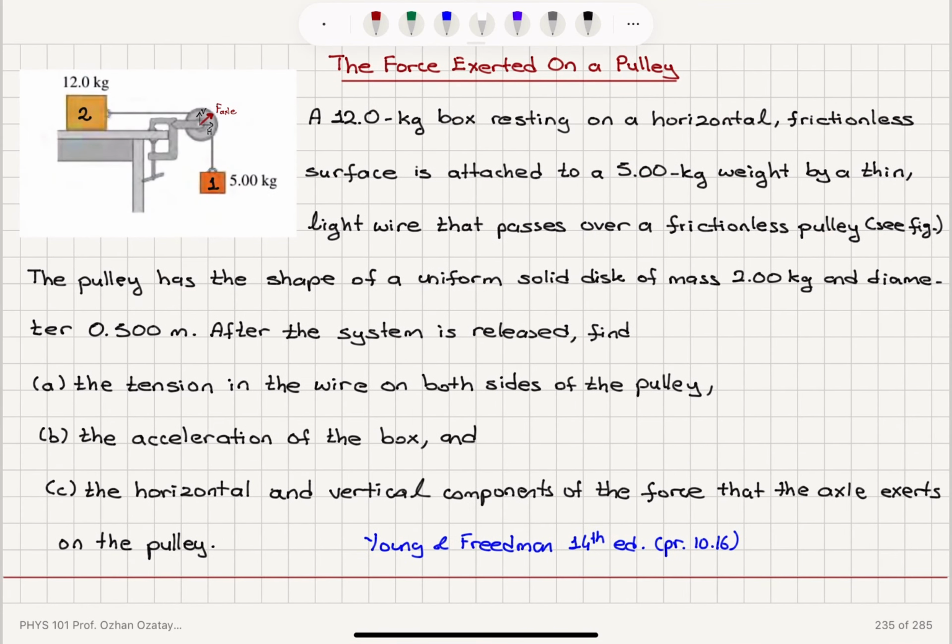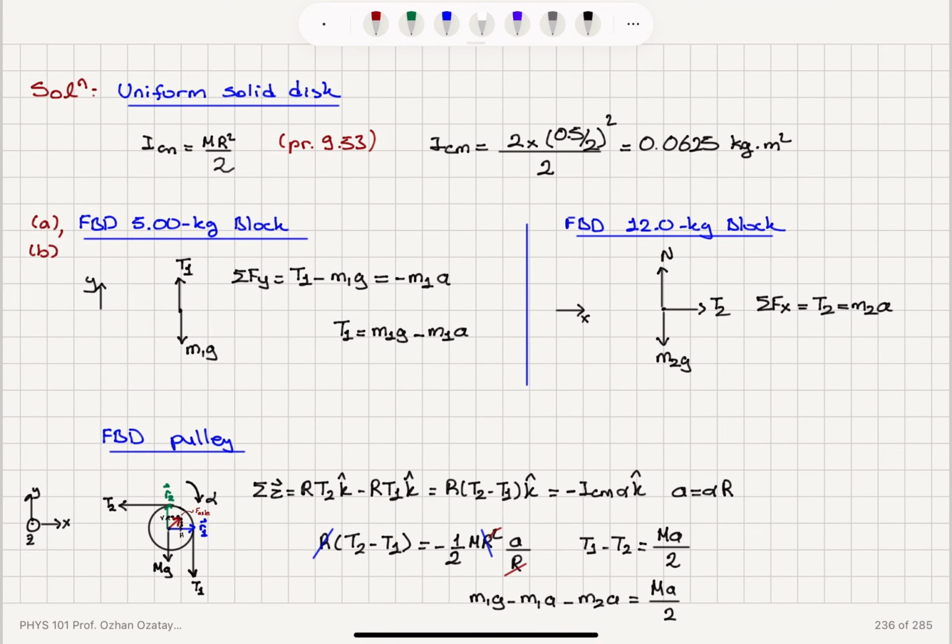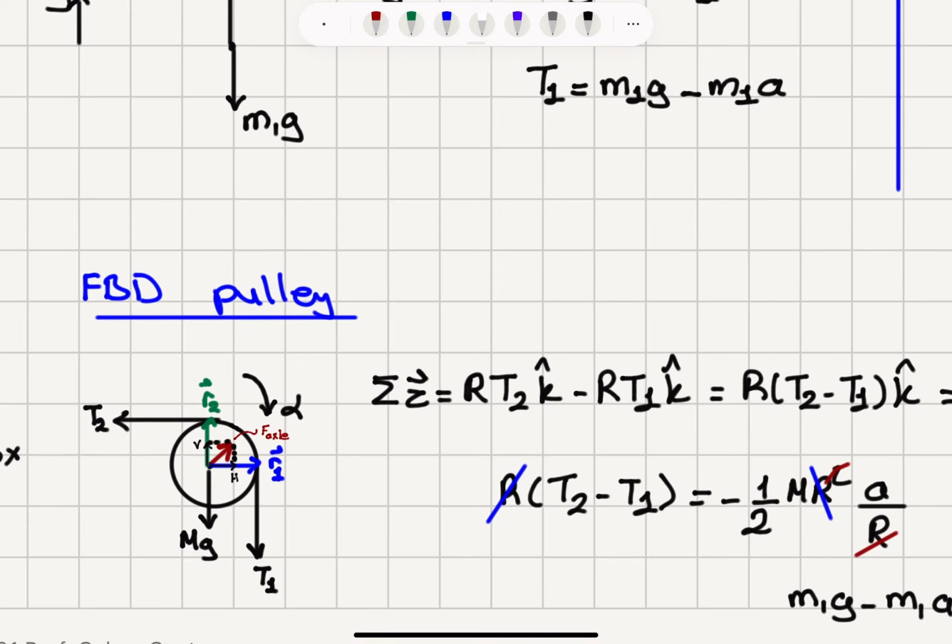For the 12 kilogram block, I have M2G, the normal force, the tension on the second wire T2. So T2 is M2 times A. That's the only force on the x-axis. When I concentrate on the pulley, I have T1 pointing down, T2 pointing to the left, the weight pointing down, capital Mg, and then there is the contact force, vertical component, horizontal component, acting on it.